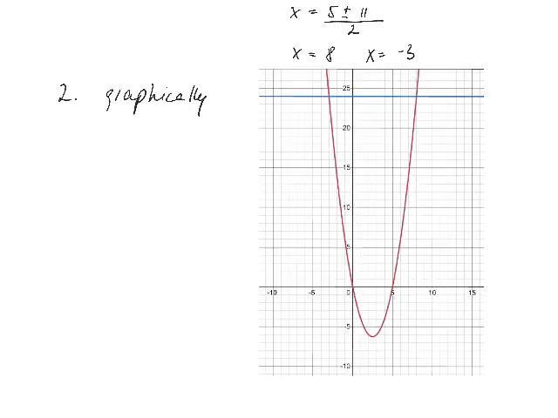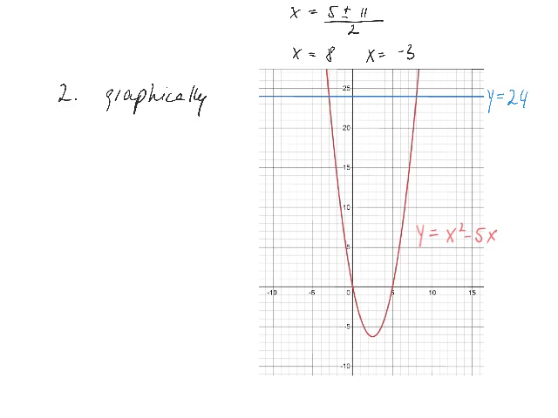So the red is the graph of the function y equals x squared minus 5x. And blue is y equals 24. So it's the line when y equals 24.